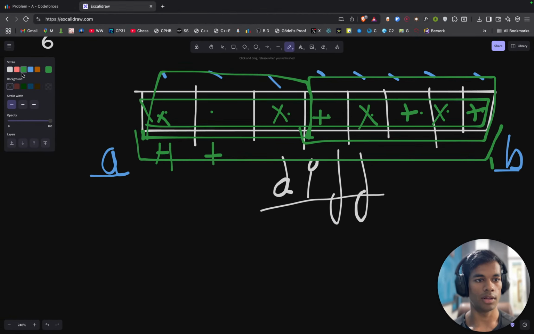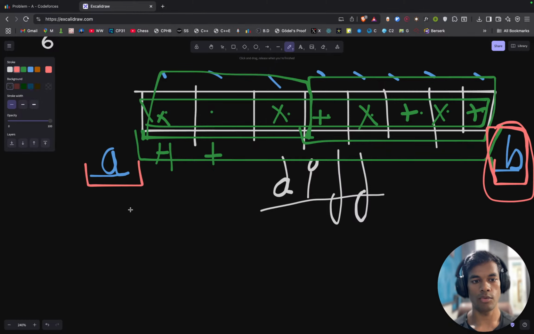How is that? Let's say the difference is odd. So if b is odd, then a would be even, and if b is even, then a would be odd.